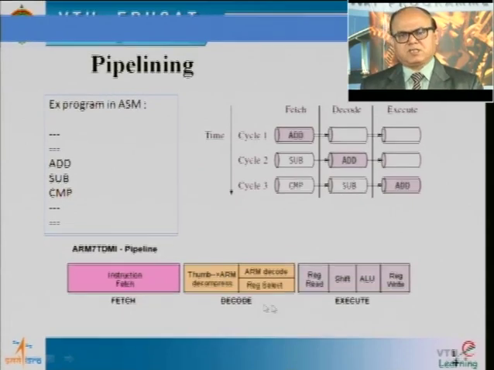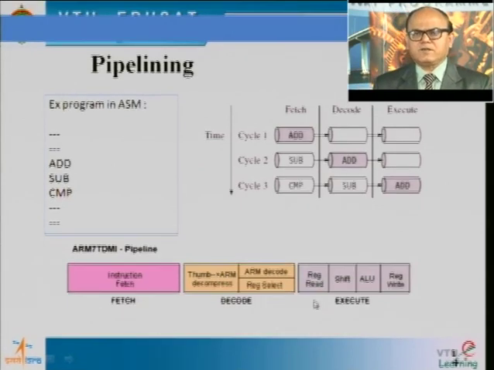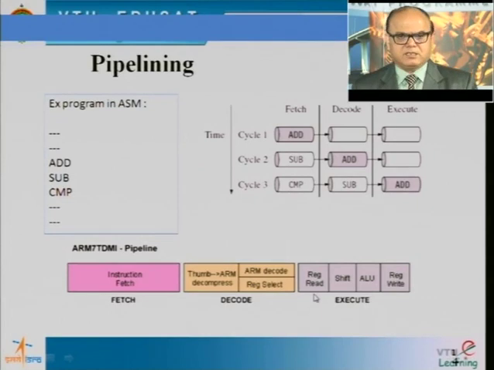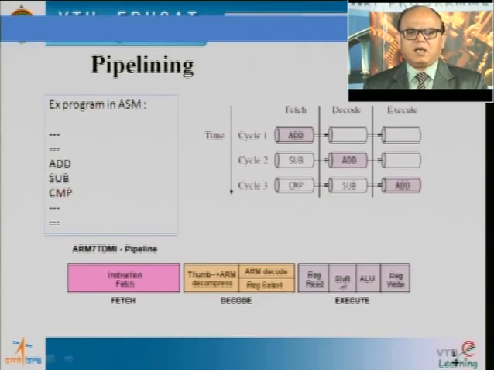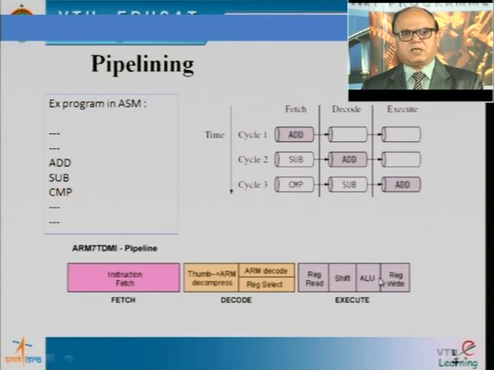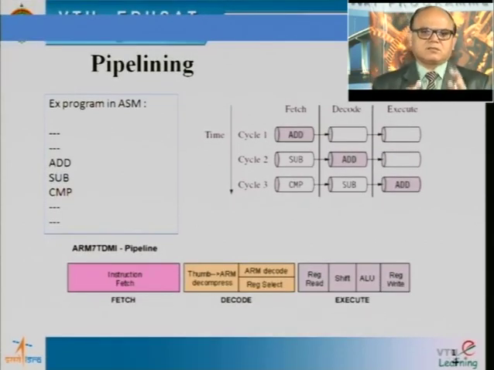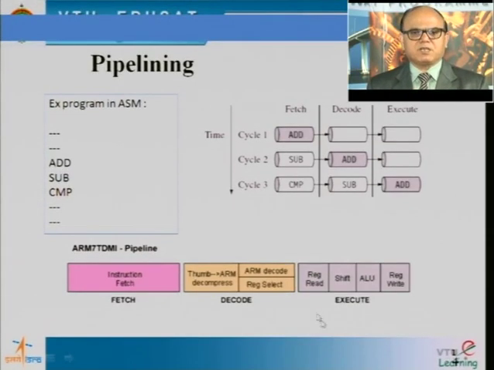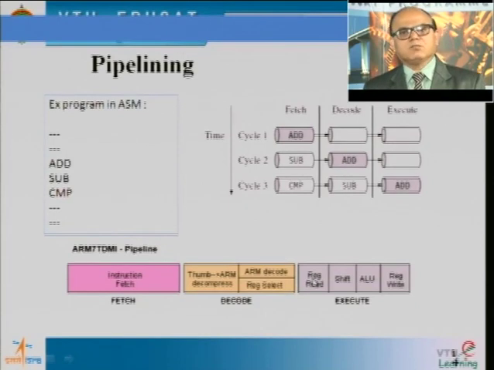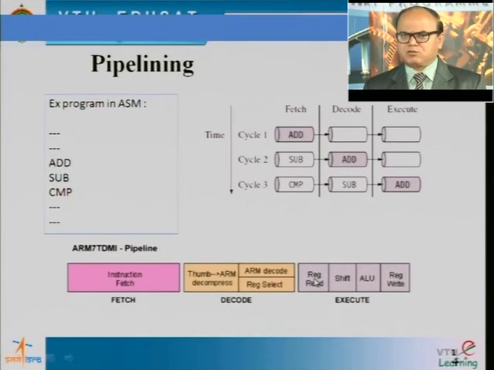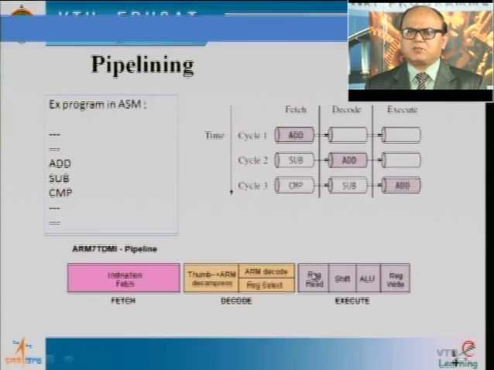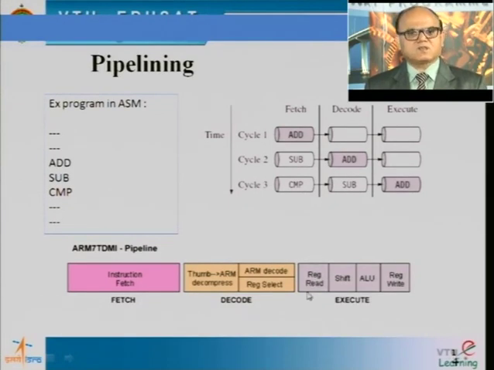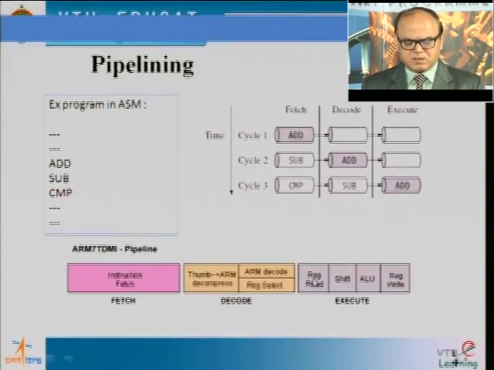We have the decode stage, and the last stage is the execute, which I have considered as a cycle with different sections. We have the register read: the operands are to be prepared and then made available to the processing circuit. That is what the register read does.